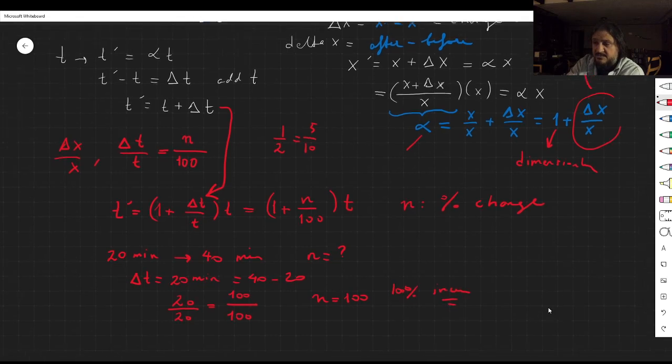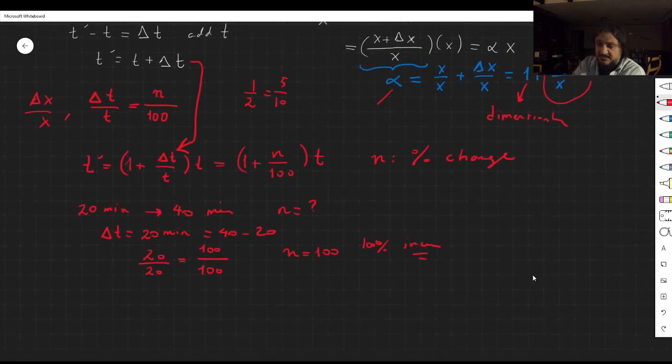All right, 100% increase is multiplication by 2. A 50% increase would be an increase by 50. I'm sorry, 10, right? Half of 20 is 10, so 10 plus 20 gives you 30. T prime would be 30. All right, so what do you do then?